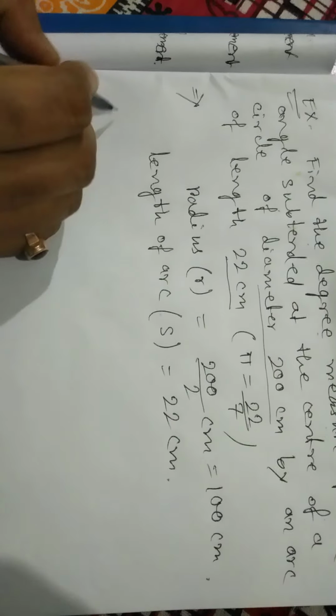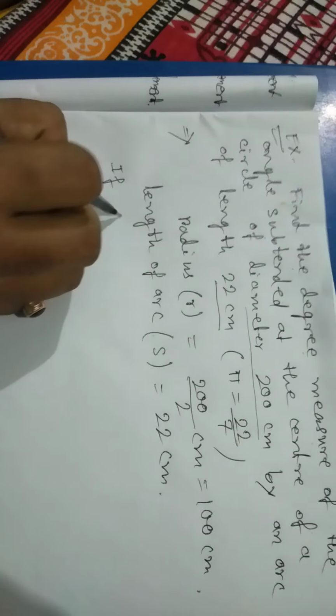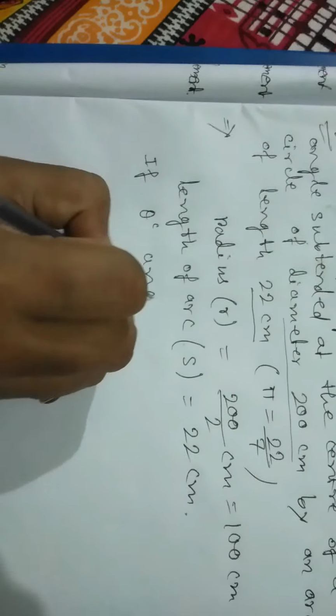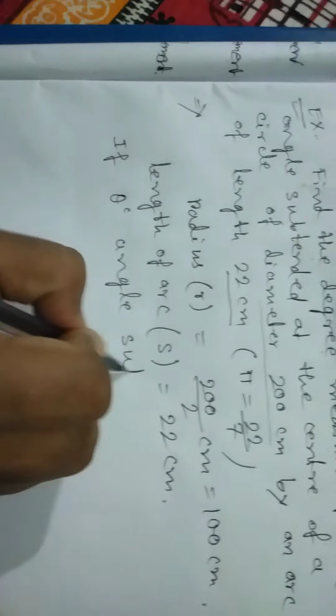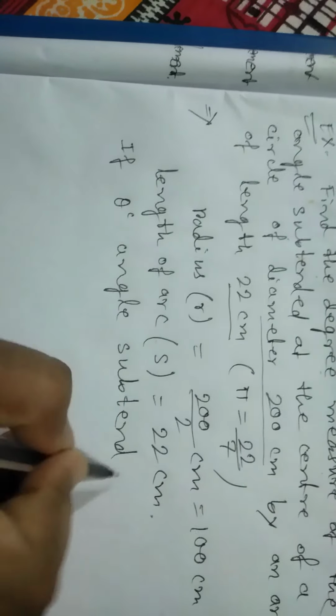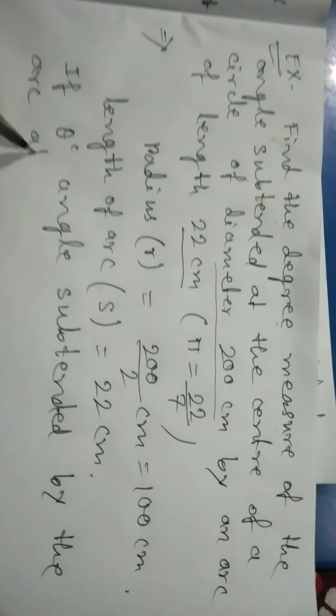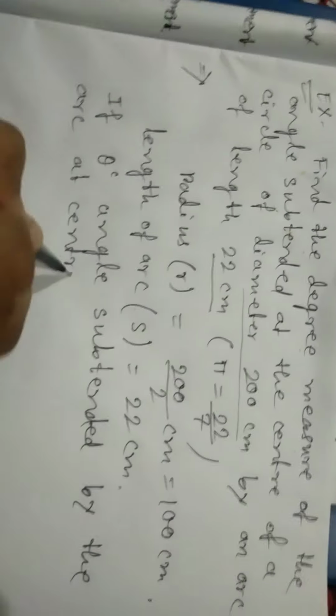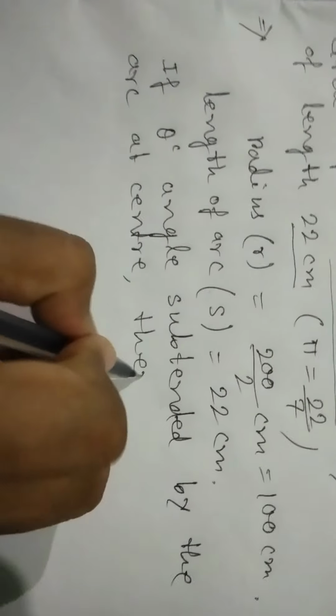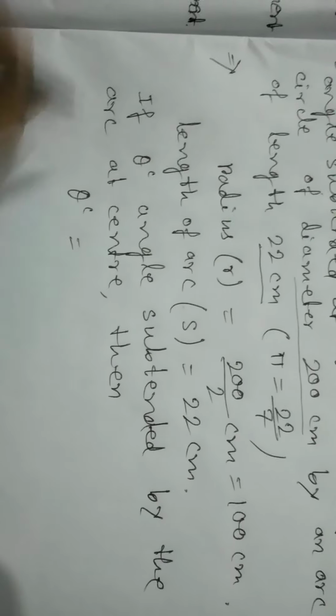Then if theta radian is the angle subtended by the arc at the center, then theta radian equals how much?